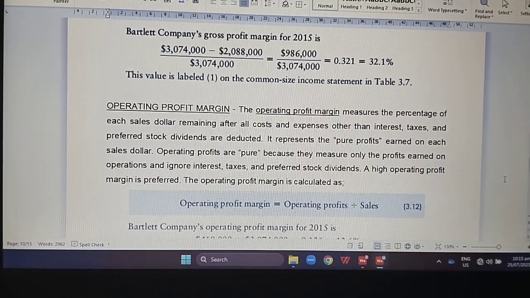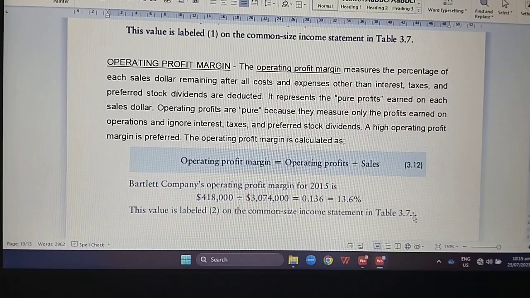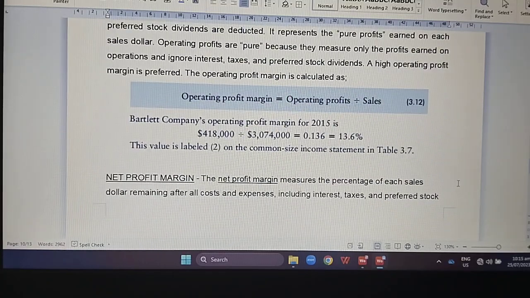Operating profits are pure because they measure only the profit earned on operations and ignore interest, taxes, and preferred stock dividends. So, the formula is operating profit divided by sales. So, it is 13.6.